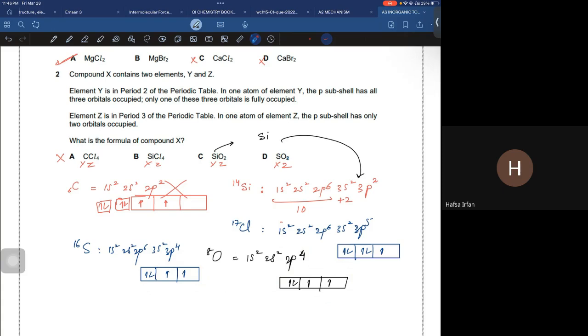Okay, let's go. Compound X contains two elements, Y and Z. Element Y is in period 2 of the periodic table. So it should be silicon, because sulfur I think is not. Look at the periodic table, is sulfur in period 2? Check it.